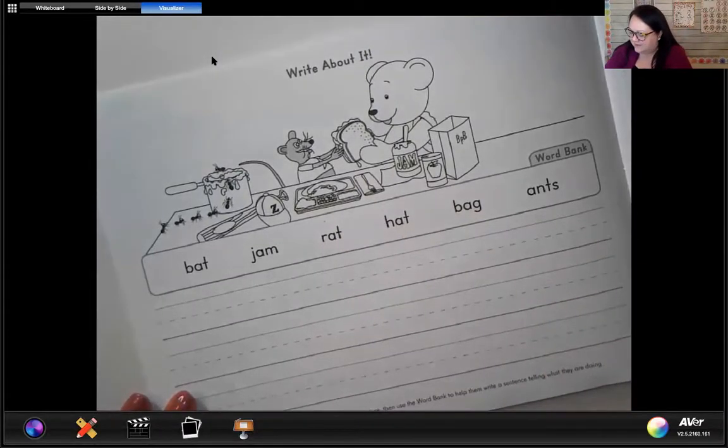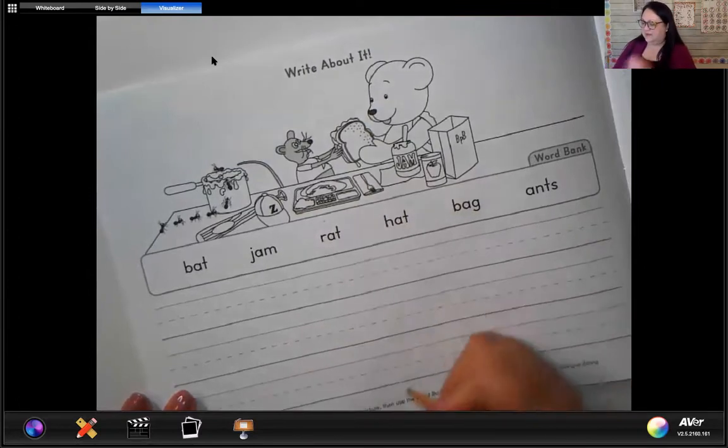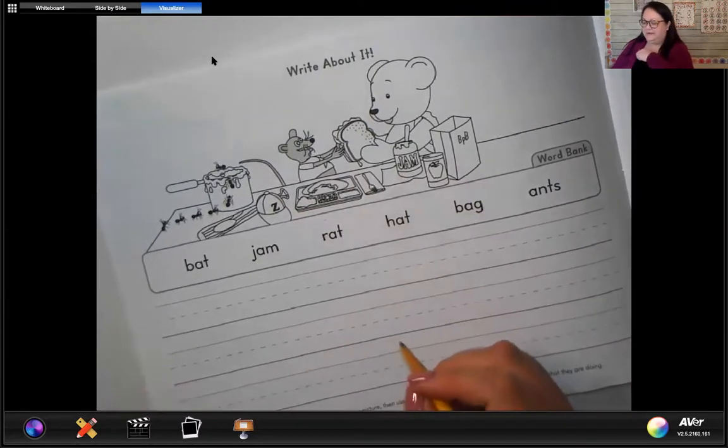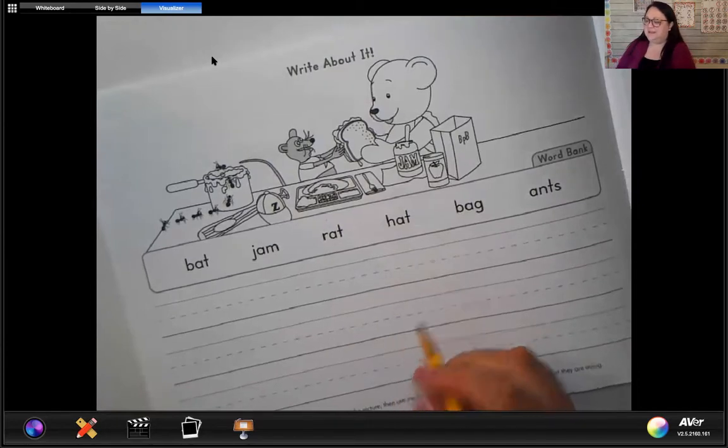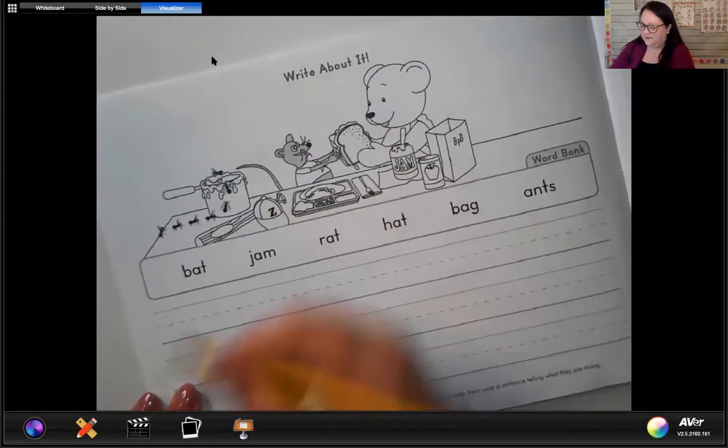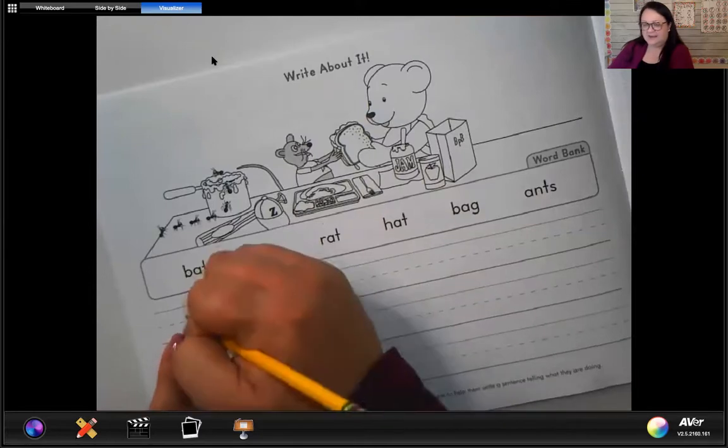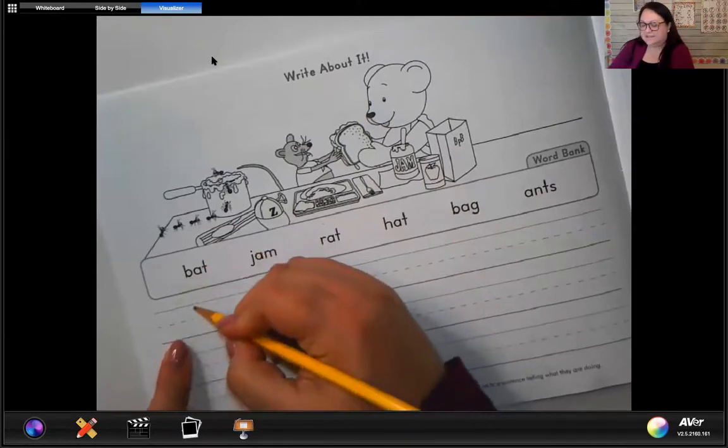Let's see, what could we write? How about we write about the first thing, these ants that we see, okay? Let's see, how do we spell the? T, capital T at the beginning of the sentence, remember?